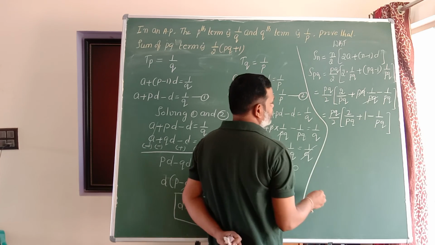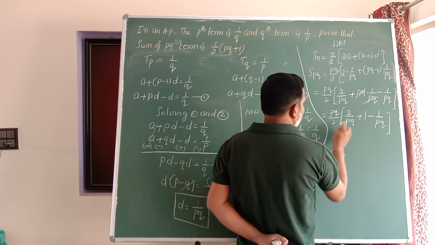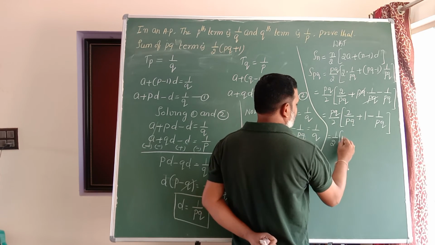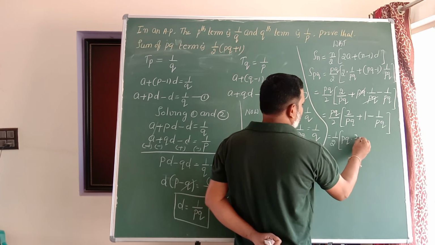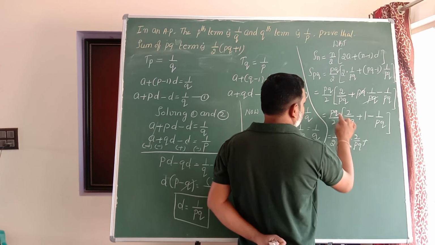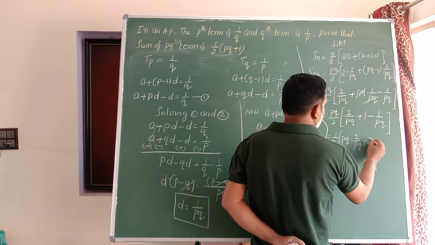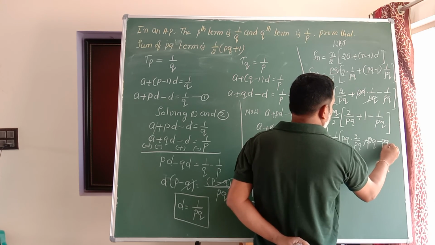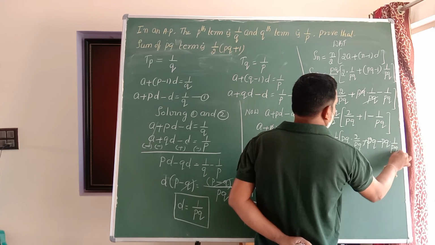Now what to do, dear student? We have to multiply pq to the inside. Keep 1 by 2 outside here. Just multiply pq: pq into 2 by pq plus pq into 1 is pq, minus pq into 1 by pq.